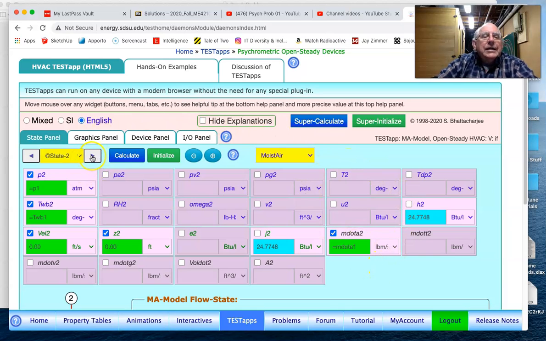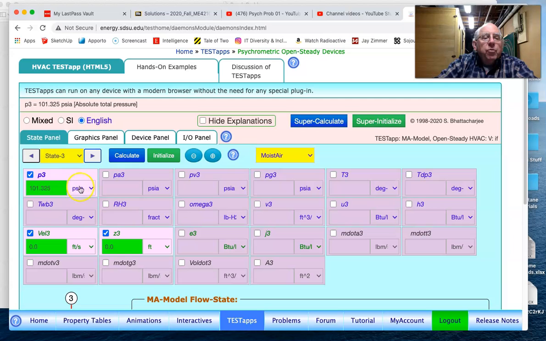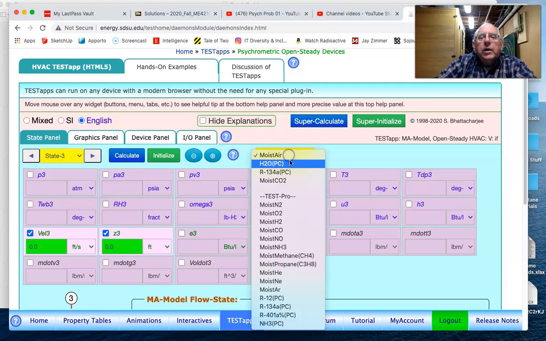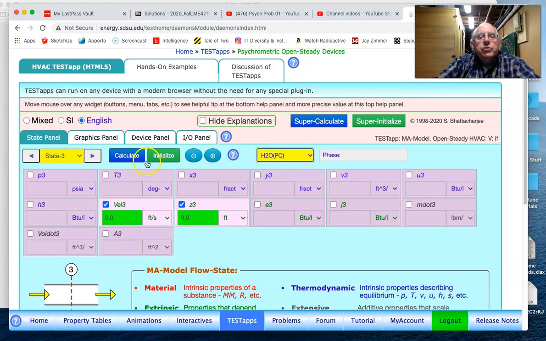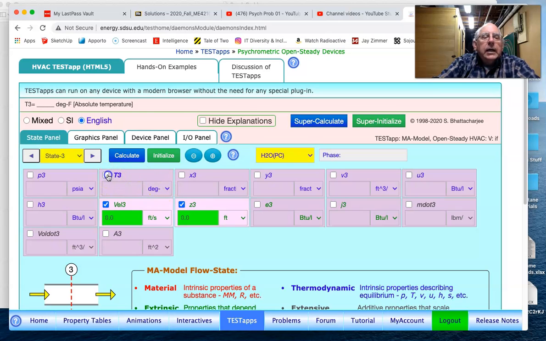We're going to then set up a state 3, and our state 3 is going to be our liquid water. We're going to assume that the water comes in at the temperature associated with the cool, moist air.